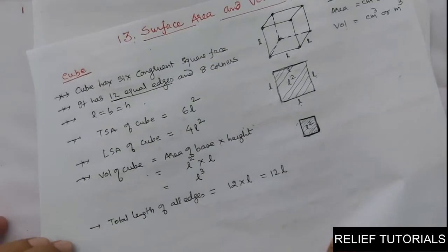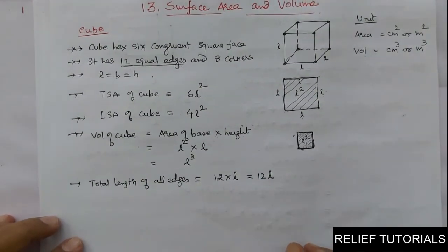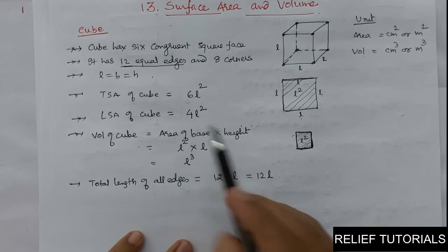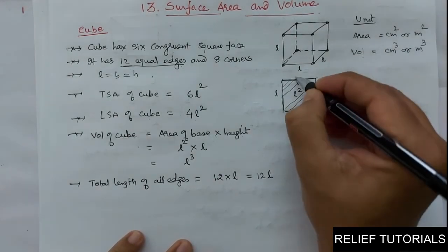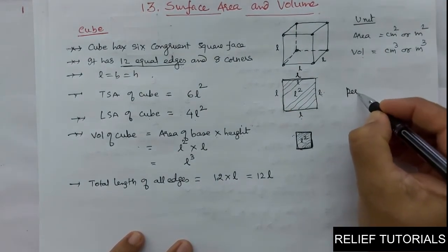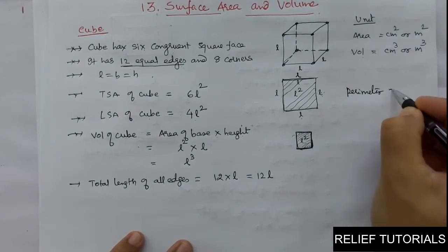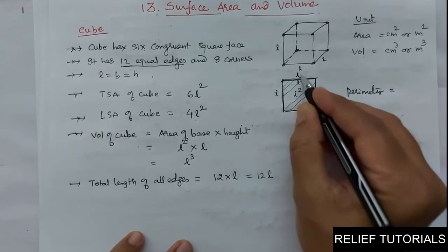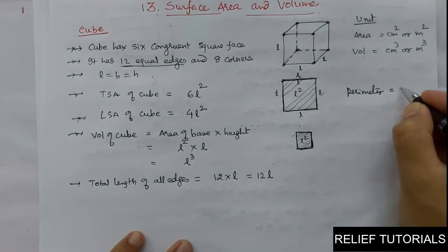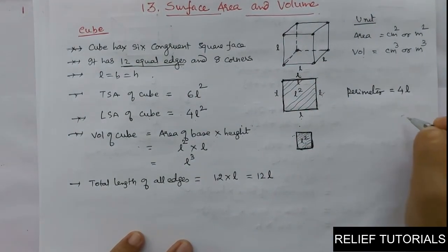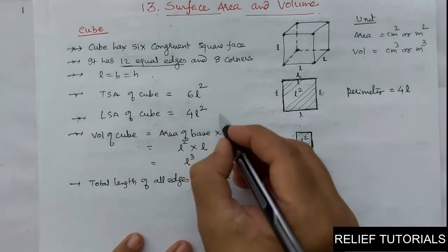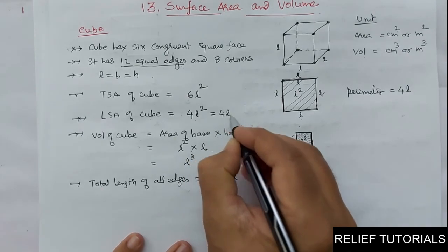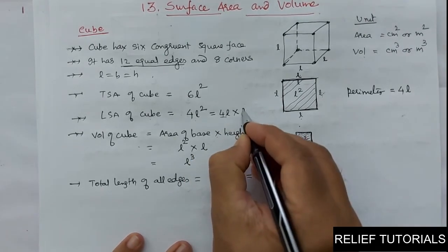Clear? Cube and cuboid. Here, in case of lateral surface area also we can say area of base into height. Why? This is a square. So what will be the perimeter? Length plus length plus length plus length. All are equal in case of a square. So the perimeter is 4L. This 4L squared I can write this way: 4L is the perimeter, into height. Why?